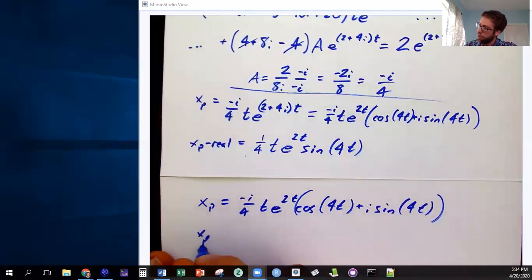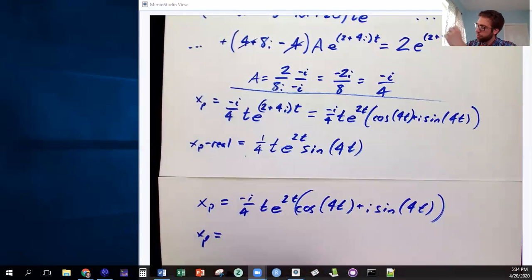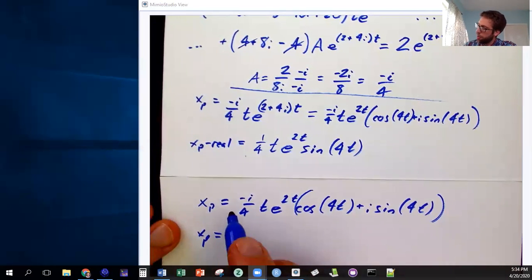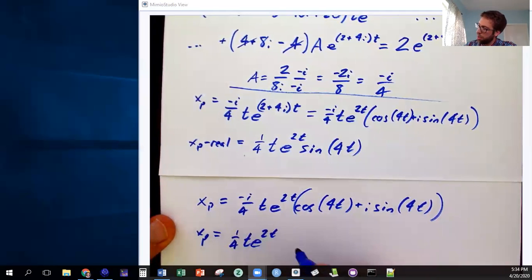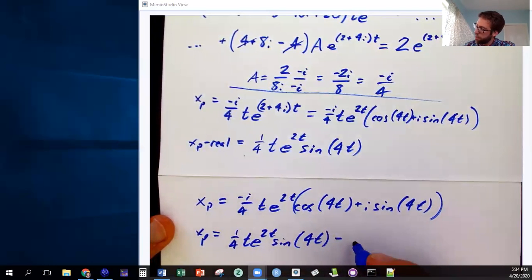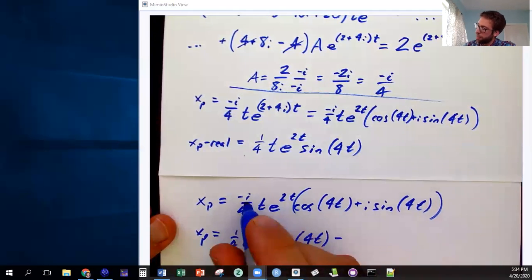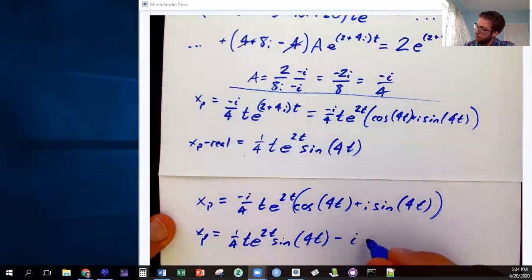So xp equals, that will be negative i times i is positive 1, 1/4 t e to the 2t sine of 4t, and then minus, and then I'm going to factor the i down. i times 1/4.